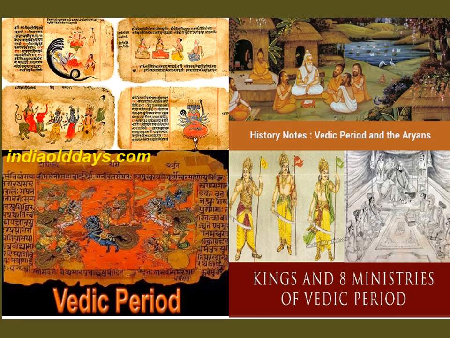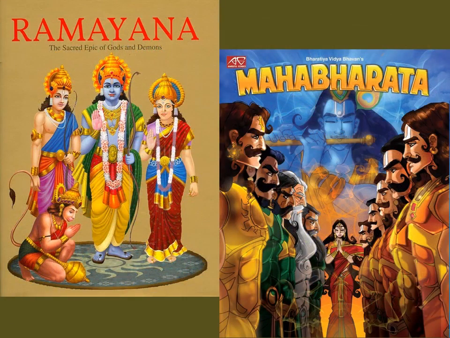Then down on the left bottom we have the Sanskrit literature, Mahabharata, and then we see the Aryan people in terms of their religious figures on the top right hand corner. And then on the bottom right corner we have the Aryan kings and ministries of the Vedic period, the government officials of the Vedic period.